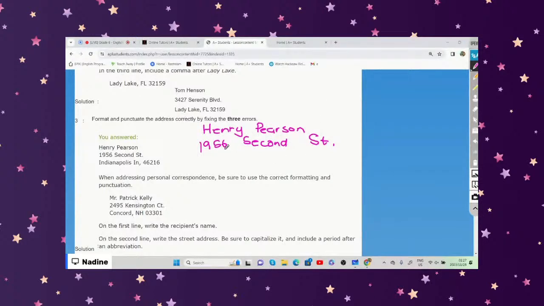Then we have our city, which is Indianapolis. Then it needs to be followed by a comma. Then we write the state, which is I and N, both capitalized. And then we write the zip code. And that is how we write an address. We have the recipient's name, the person we're addressing it to, for example, Henry Pearson.